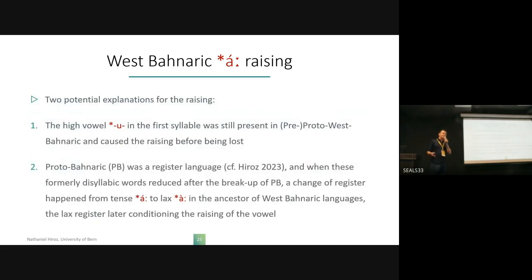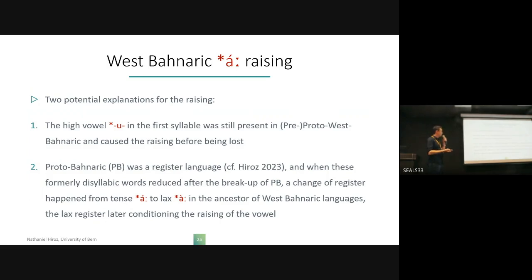And there are at least two potential explanations for the raising. Either it was caused by a high vowel, which was still preserved in Proto-West Bahnaric or pre-Proto-West Bahnaric, and this high vowel caused the raising.